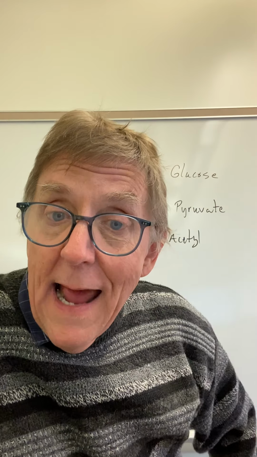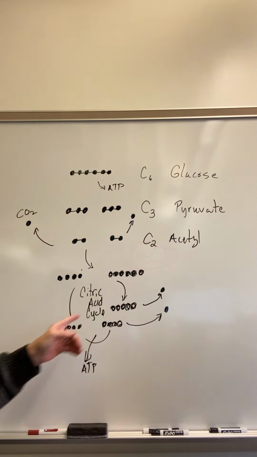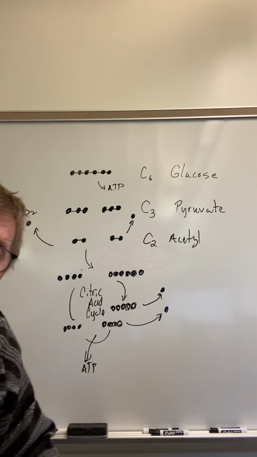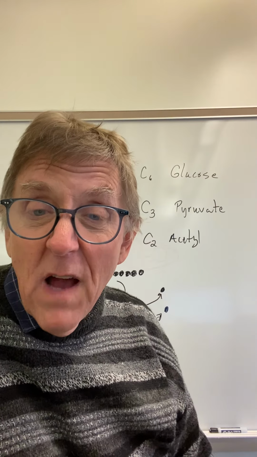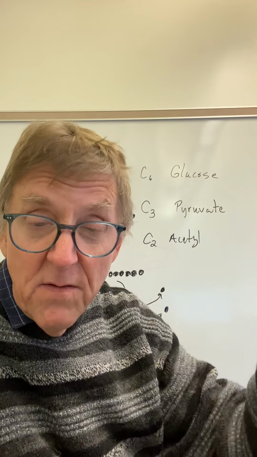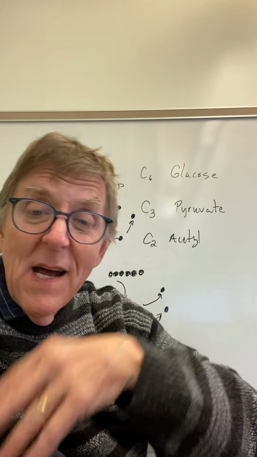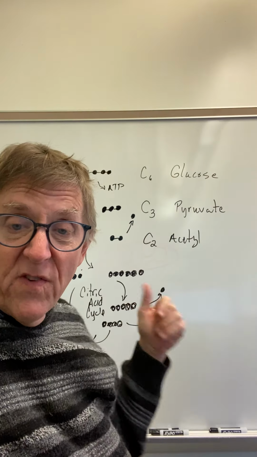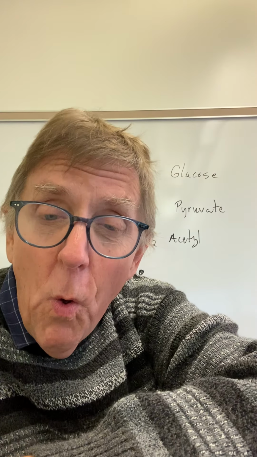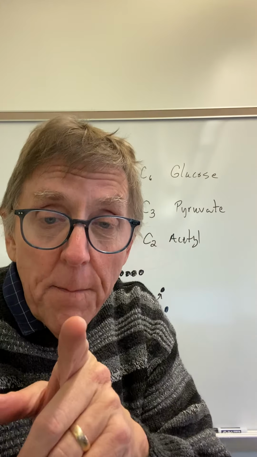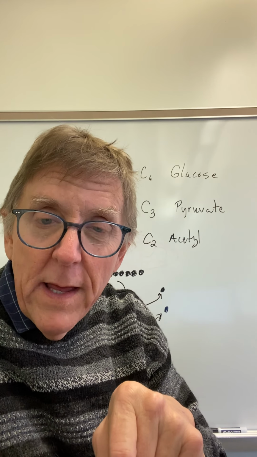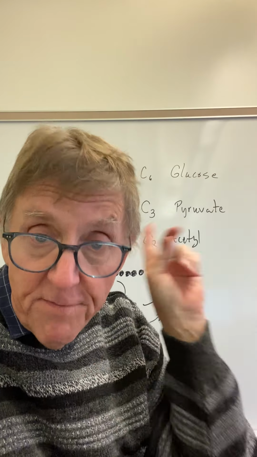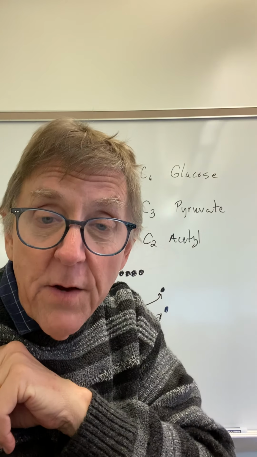So in order to go through this really complicated procedure, you've got to have oxygen, or this whole thing shuts down. If you don't have oxygen available to pick up all these electrons that you're releasing in this process, the whole darn process shuts down. And so what you're left with is just that first part right there. The first part happens even without oxygen.